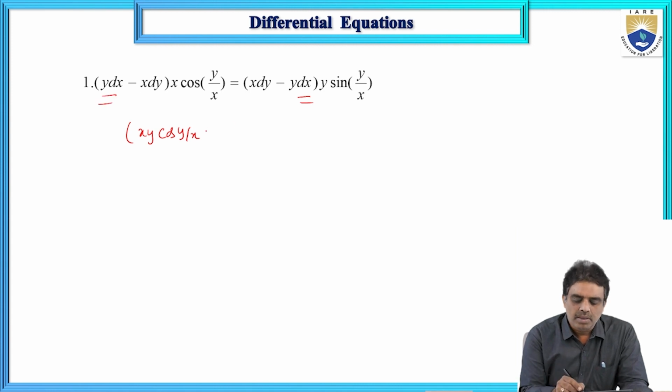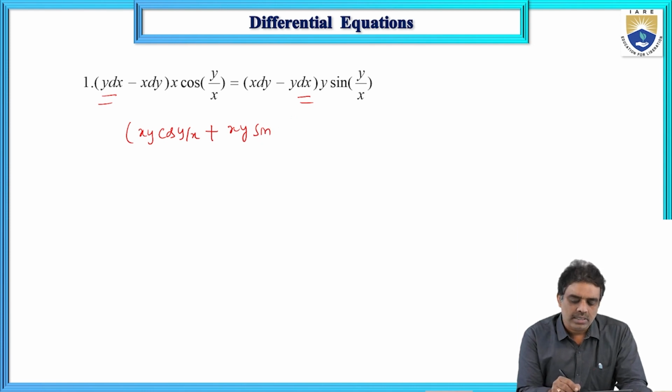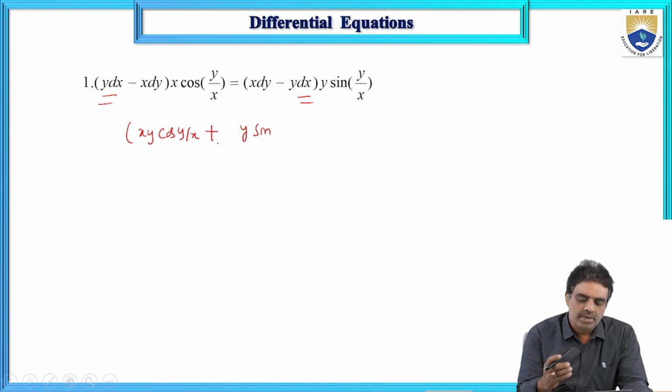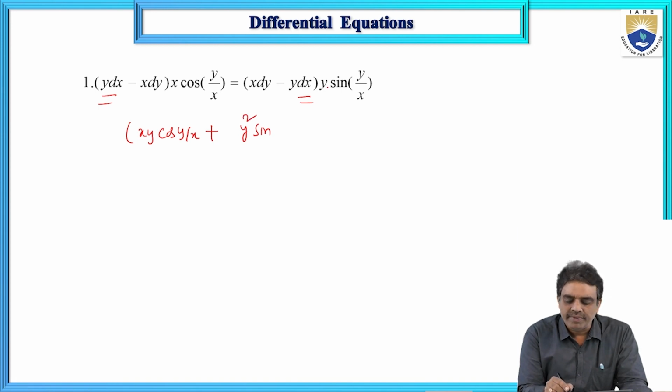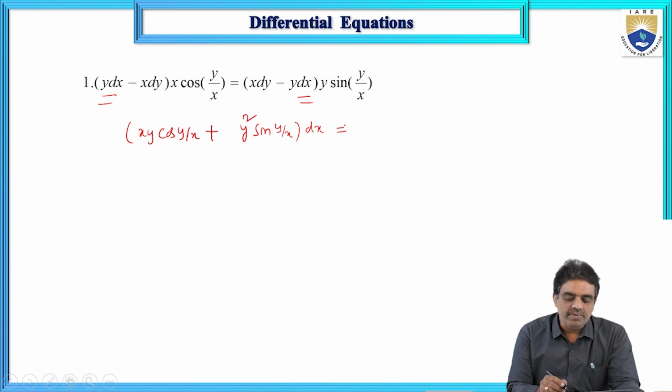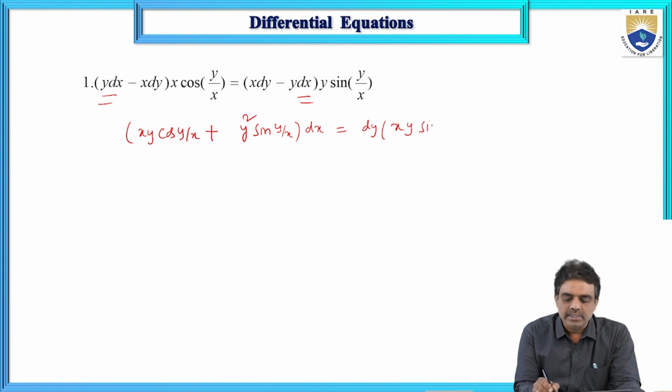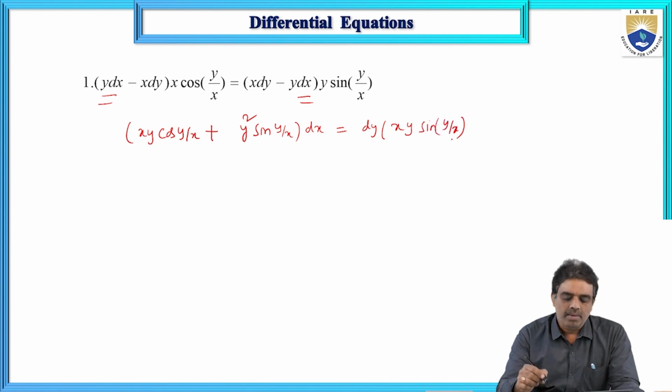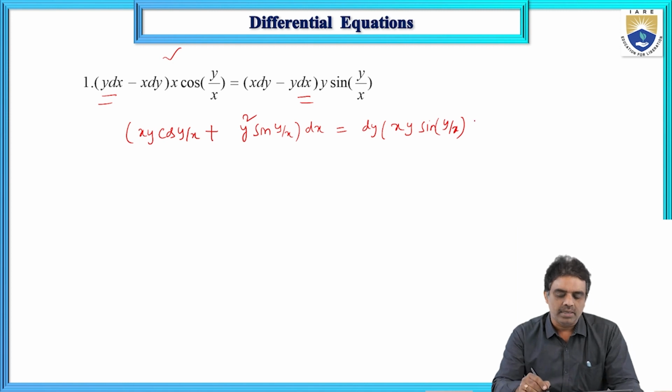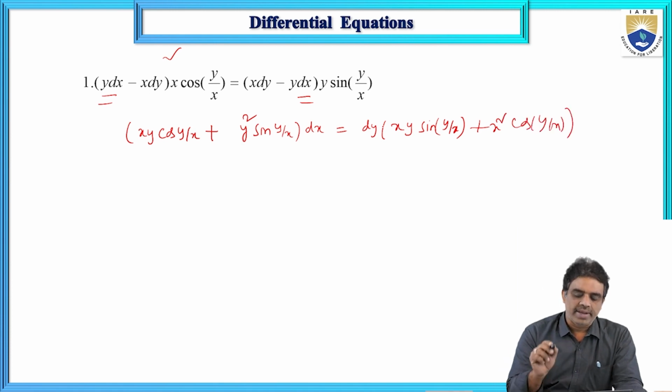Writing the right side, it is y² sin(y/x) dx. This is the dx coefficient, and now the dy coefficient. Here the dy coefficient is xy sin(y/x), and on the right hand side it will give a plus sign, x² cos(y/x) dy.